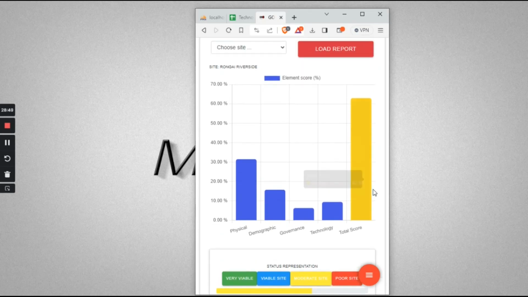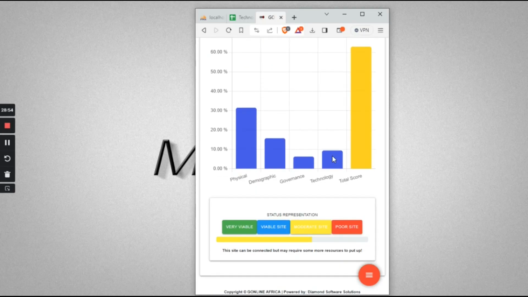And generally, we will have a total score, this one going at 2.96. And in the status representation here, when it indicates green, that is very viable, meaning the site proves to be ready and can be deployed with little effort. When it is viable, it's better.